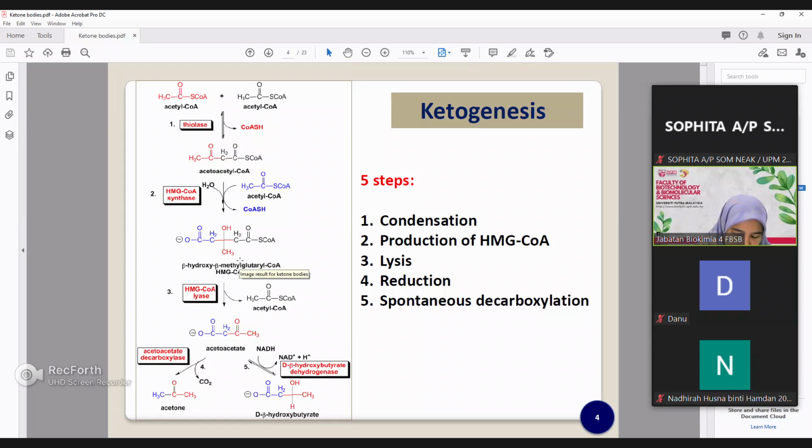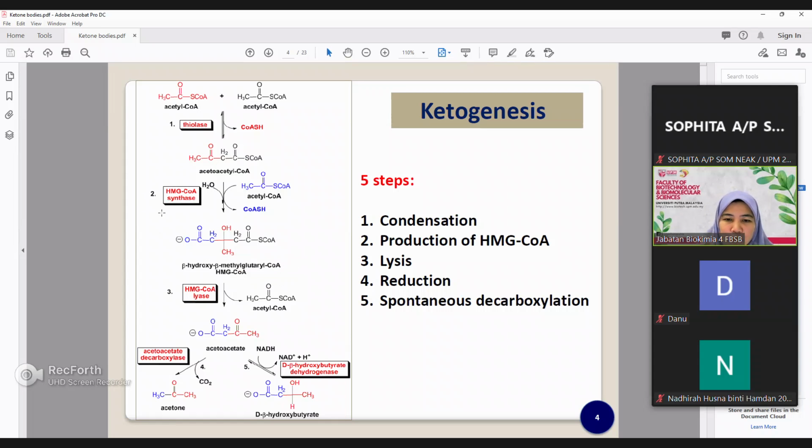HMG-CoA. You are going to meet this molecule again in cholesterol metabolism, because HMG-CoA is the key intermediate in the biosynthesis of cholesterol. Take note, so now we have met two: one HMG-CoA in ketone bodies, and another one later, where we are going to discuss how HMG-CoA acts as a key intermediate in the biosynthesis of cholesterol.